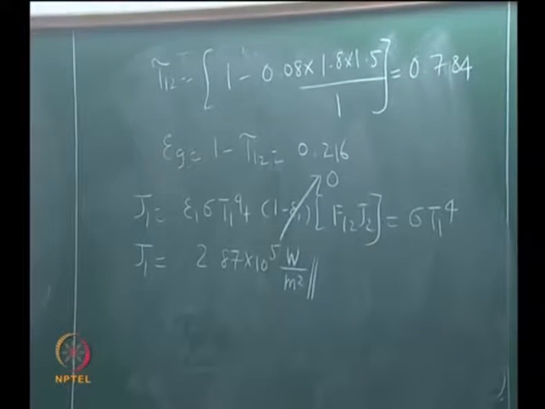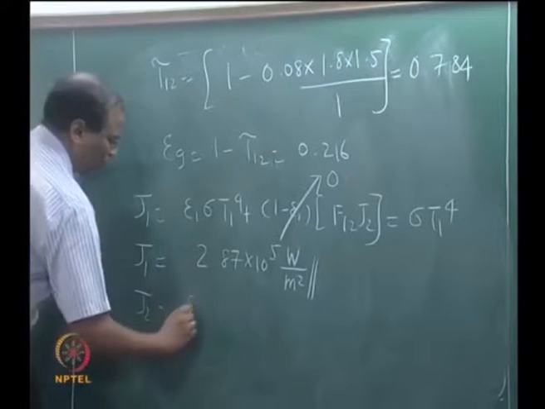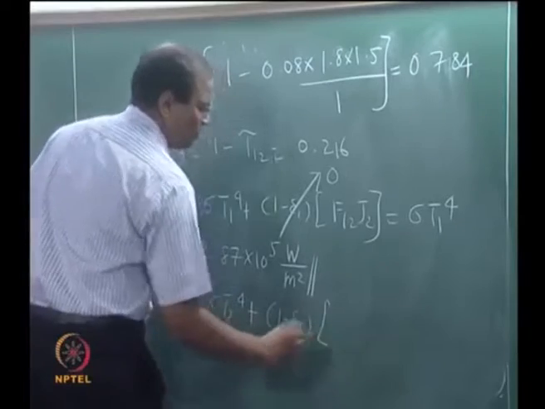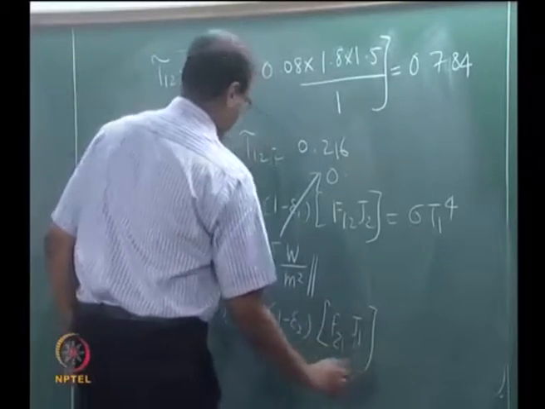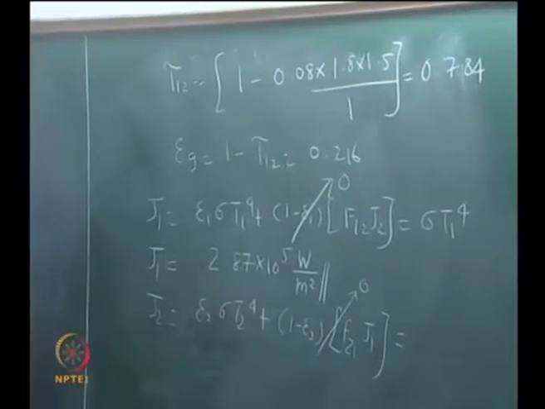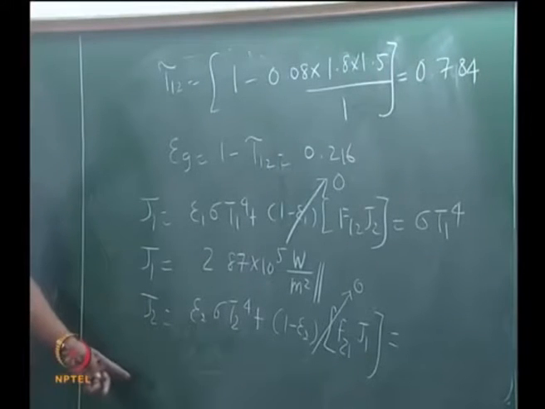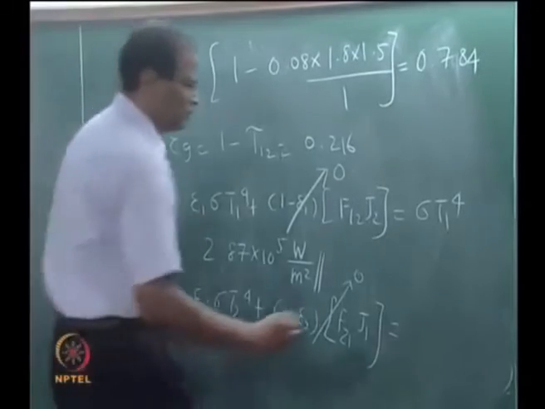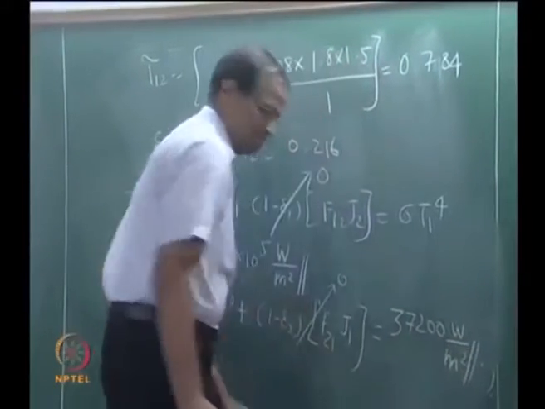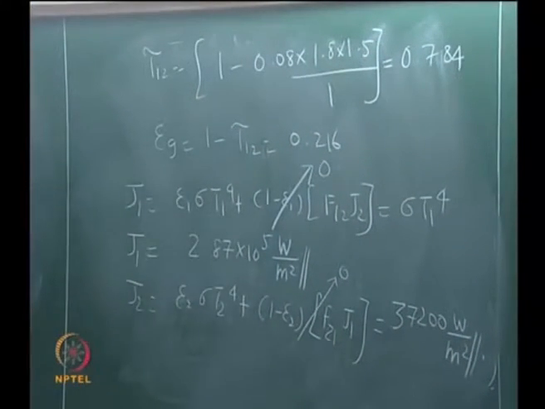J2: 37,200, no, 1.37, 37,200. What? Which one?